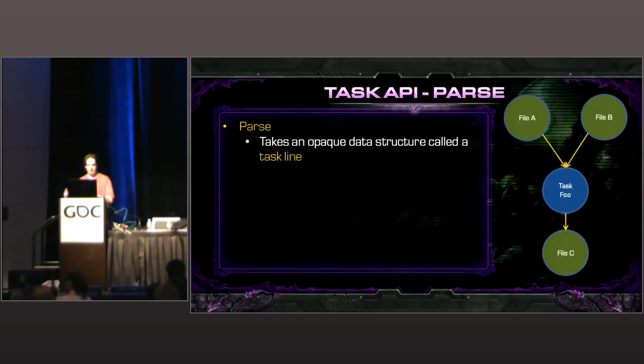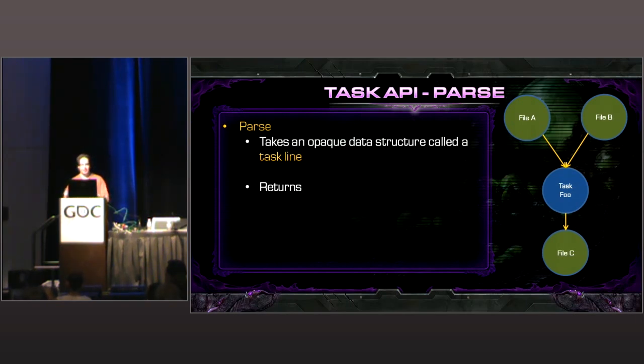Okay, so first, parse. The primary purpose of parse is to bind task lines to specific files. Parse can be seen as a contract as far as output files go. If a task declares it will create a file, it must, or it will result in an error.